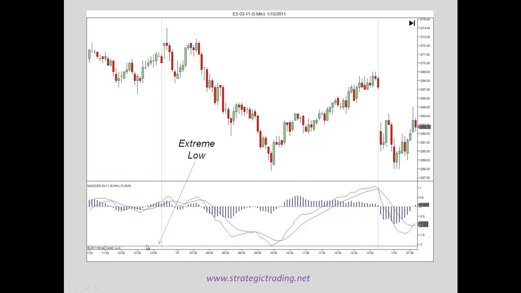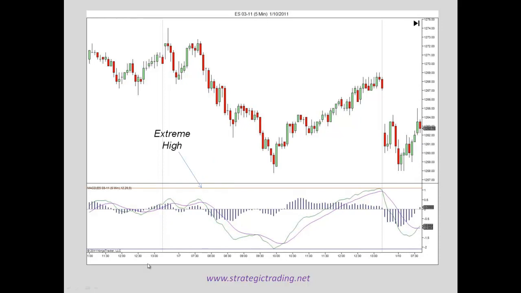The first thing that we do is we identify an extreme low for the MACD, and here we see it in the form of the horizontal blue line at the bottom, and then we also identify an extreme high at the top, a point that the MACD tends to reverse at. The process needs adjustments, so let's take a look at how we develop it over a period of time.